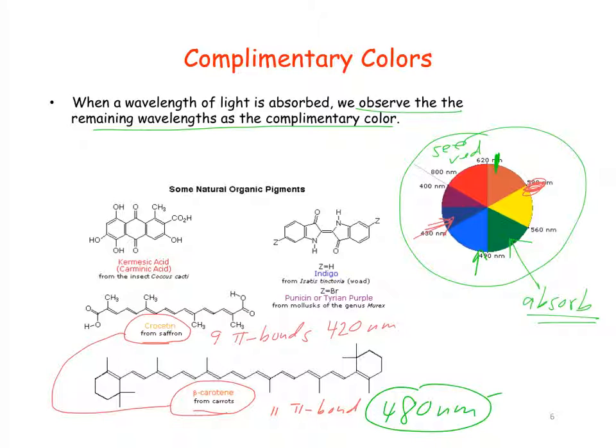Yeah, question? We've got a spot in the middle where it jumps from 600 to 400 nanometers. If it absorbs on the opposite side, how do we know what wavelength it has? Okay, so the question is, right here we've made a wheel. But in fact, it's not a cyclic thing.